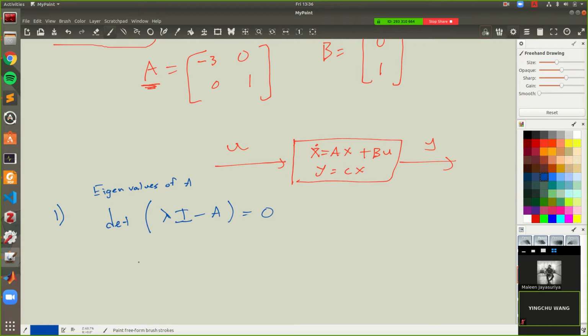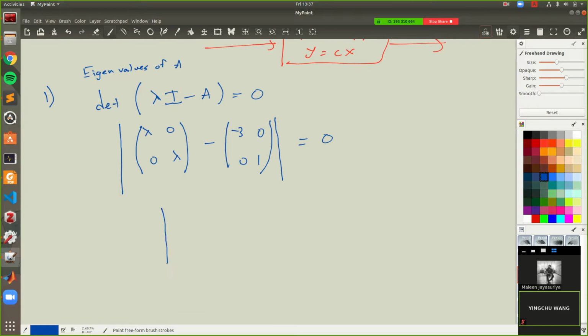So how you do this is find the determinant of lambda I minus A, right? So we have a determinant of lambda into I, which is lambda into the identity matrix, so lambda 0 0 lambda, minus A. A is minus 3 0 0 1, equals 0.